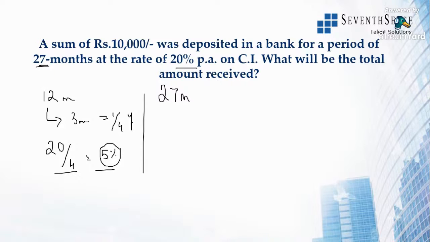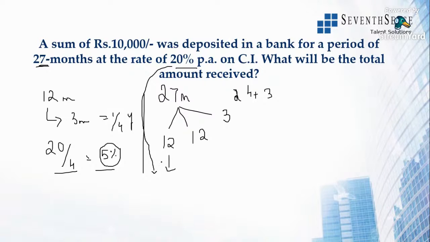I'll tell you how. 27 months can be converted as 24 plus 3, right? So 24 can be written as 12 months and 12 months, and 3 months. According to which the rate of interest can be applied here.